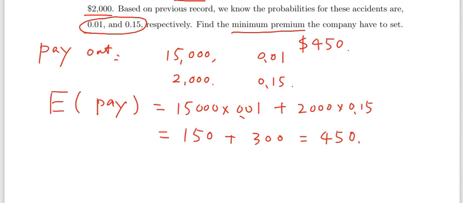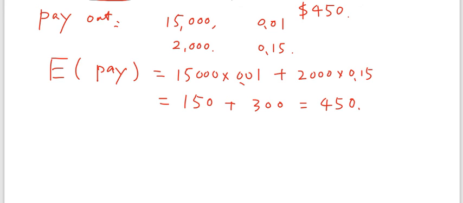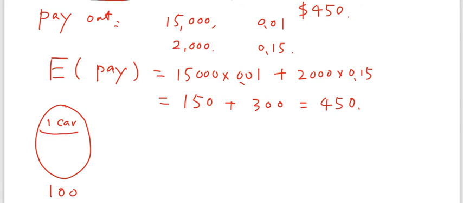So among 100 cars, we have one car where a big car accident happens, right? And we have 15 cars where minor car accidents happen.